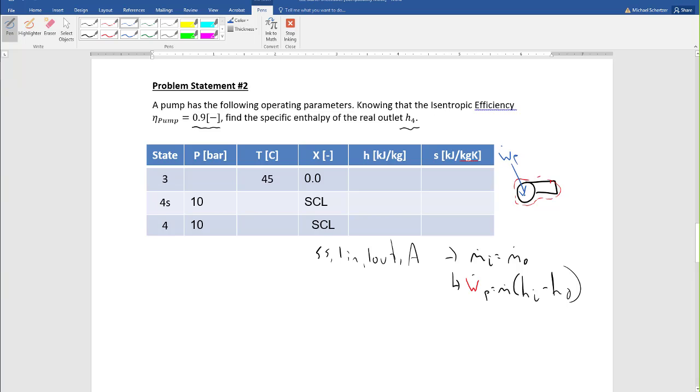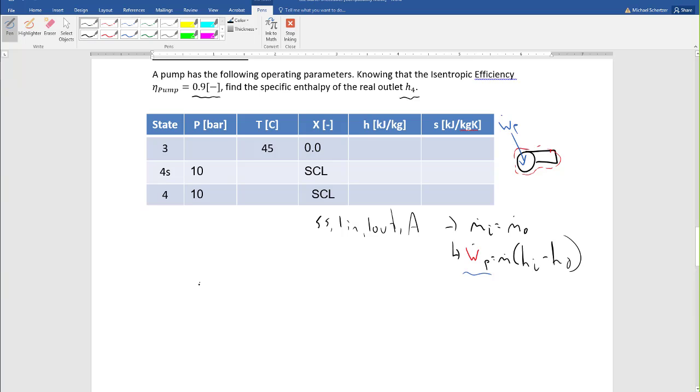So this is work in. Work in is negative, so we expect this value to be negative. The textbook will tell you that pump power is m dot times h out minus h in, which is true if you're talking about the magnitude of the pump power, but it gets rid of the sign convention that we've been using throughout. So I try to keep that throughout the course.